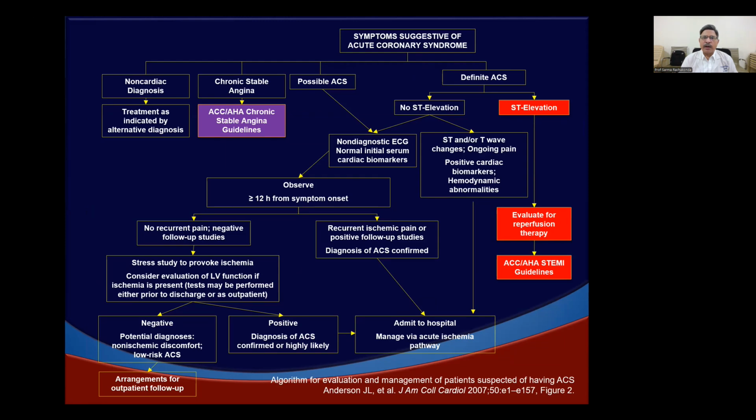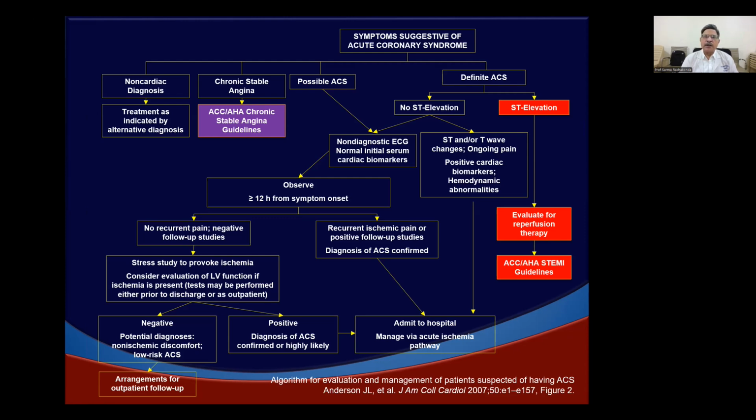Then, with a non-diagnostic ECG and normal initial serum markers, the ECG is normal, serum markers are initially normal, wait for 12 hours and observe for the symptoms. That is the strategy. Suppose he has ST-T changes, ongoing pain, and cardiac biomarkers are there, he deserves admission because he is NSTEMI or unstable angina, managed by an acute ischemic pathway.